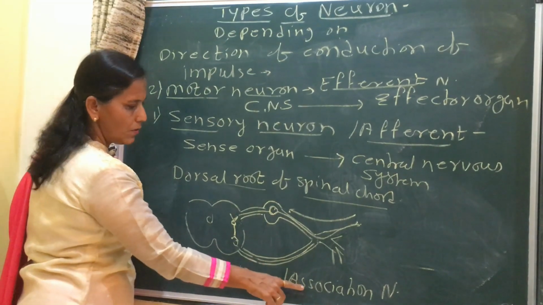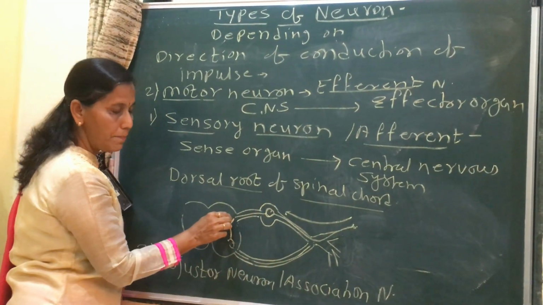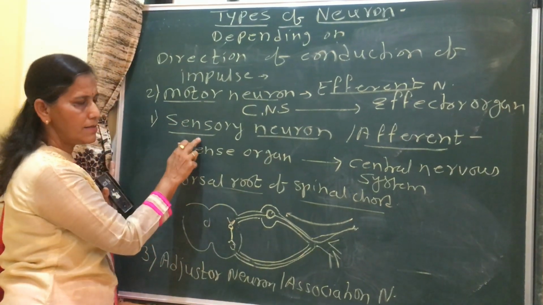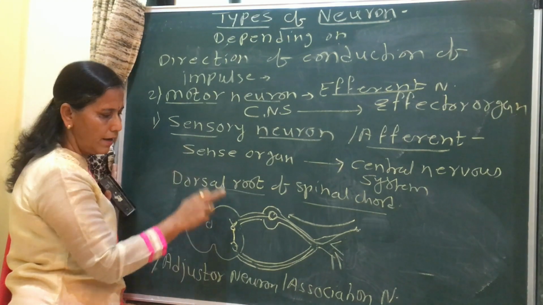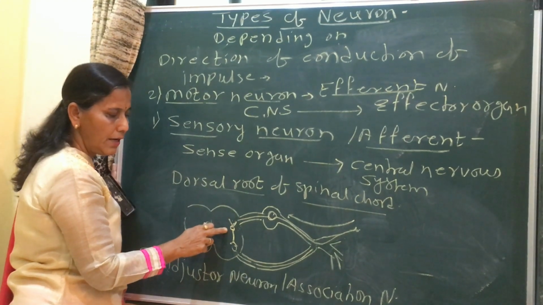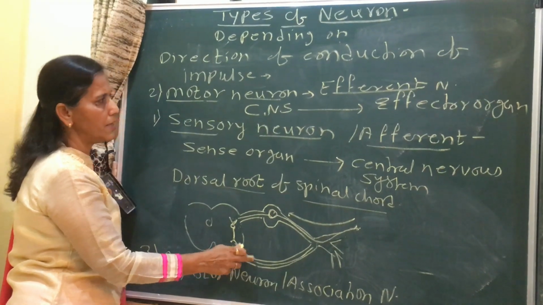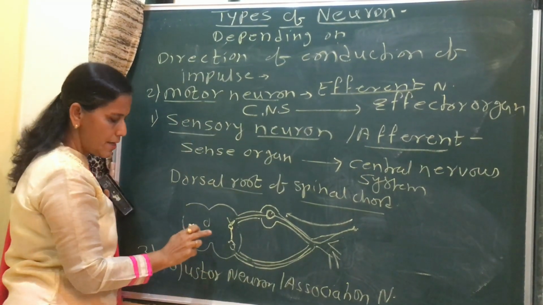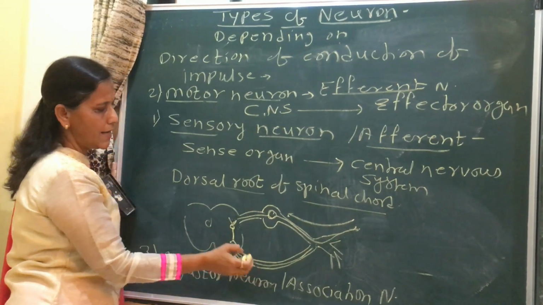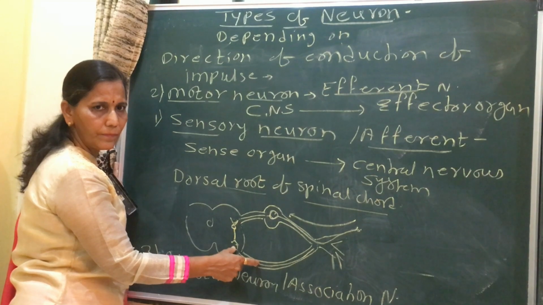This association neuron carries impulse from the sensory neuron, interprets it, and generates a motor impulse, and that motor impulse is carried by the motor neuron. It is also called the intermediate neuron as it is present between the sensory and motor neuron.